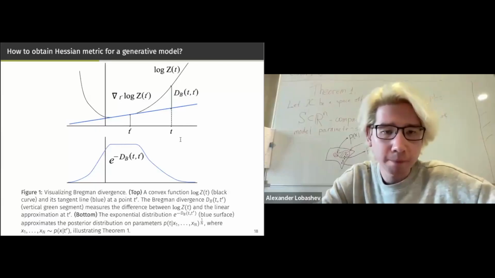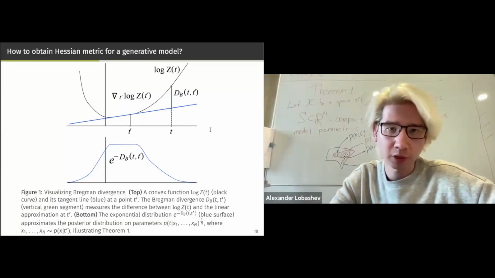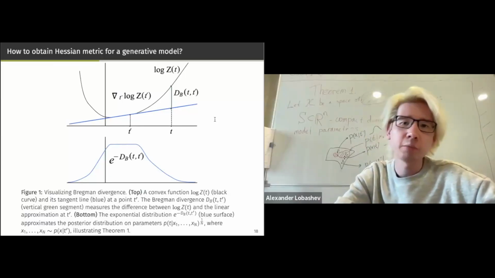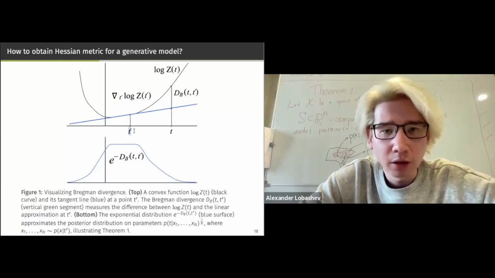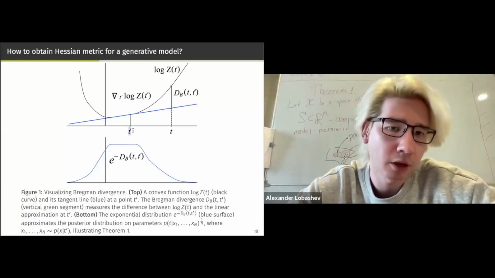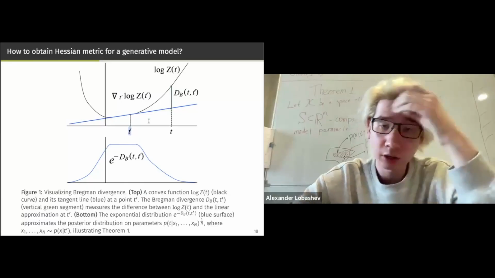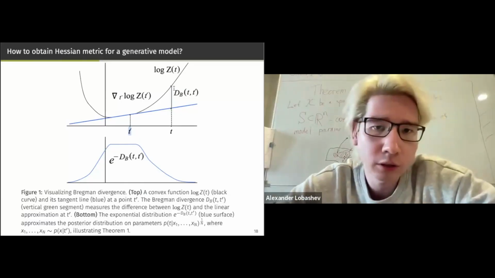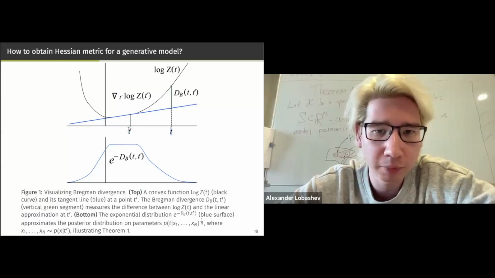Okay, and actually, let's look at a simpler case of a one-dimensional distribution. So here we have t prime. I assume that this is the ground truth parameter. And the Bregman divergence measures a difference between two points on the space of parameters.